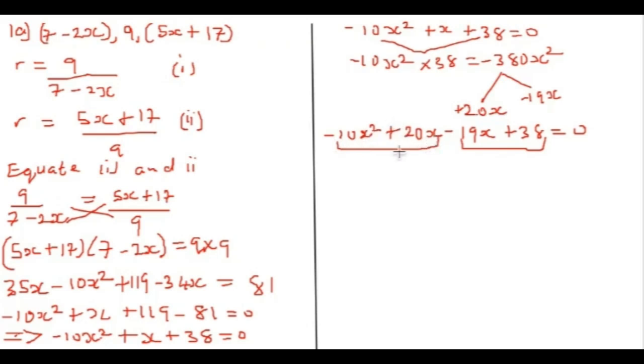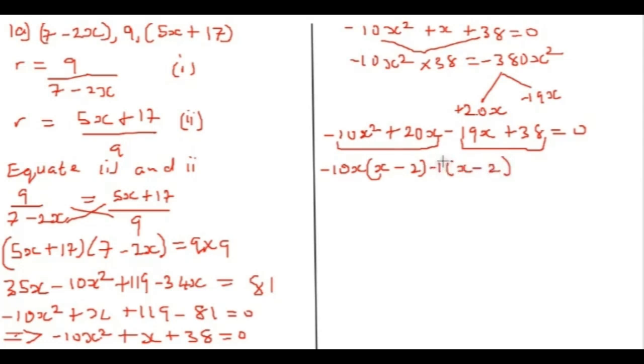The highest common factor of minus 10x squared plus 20x is minus 10x. So minus 10x squared divided by minus 10x gives us x. And 20x divided by minus 10x gives us minus 2. Now, from the rules of quadratic equations, this bracket must also be x minus 2.